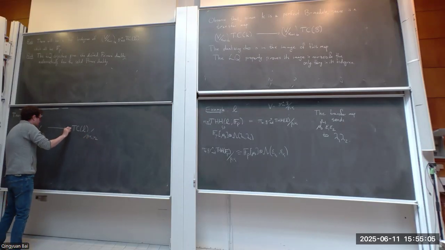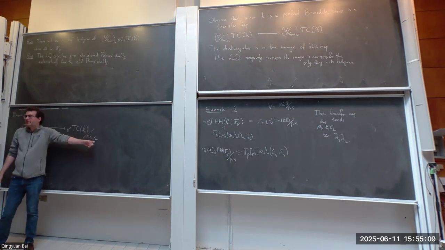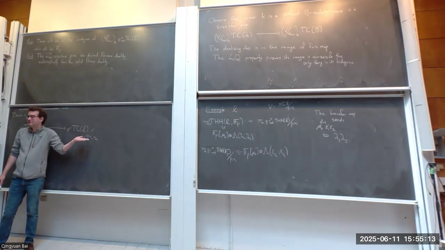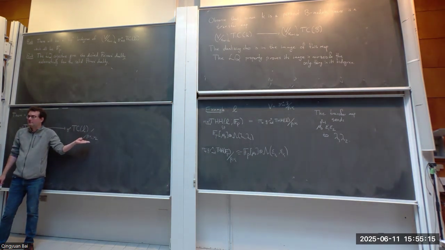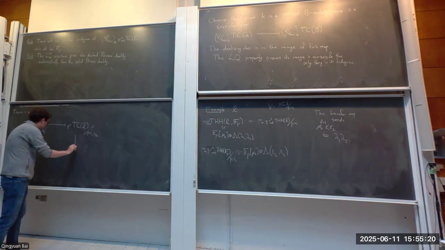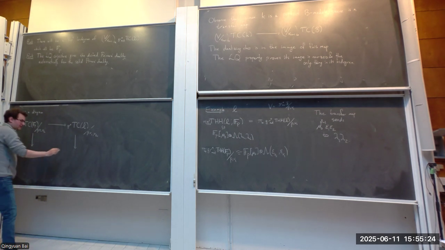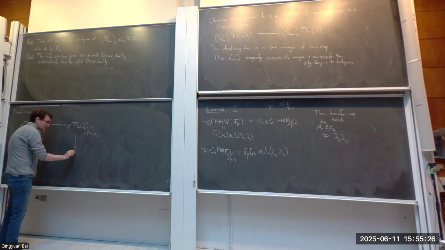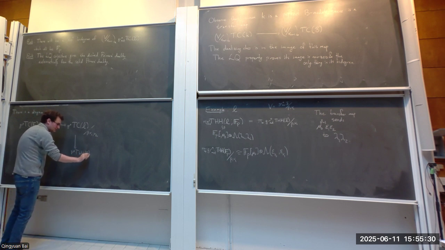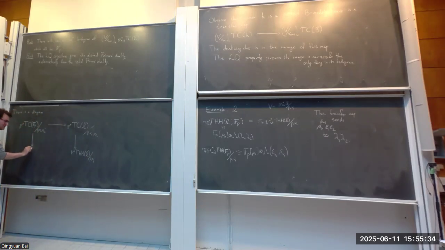So this object where I additionally mod out by V2 is the thing in which I want to produce the top class. This is the thing I want to prove as a dualizing class. And so this maps to this, and this maps to this.